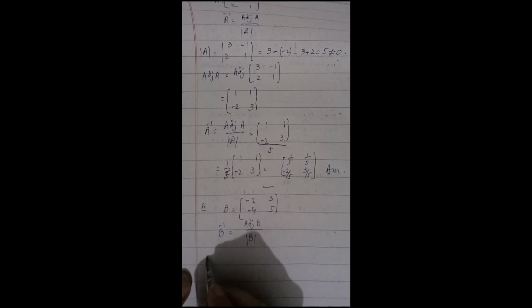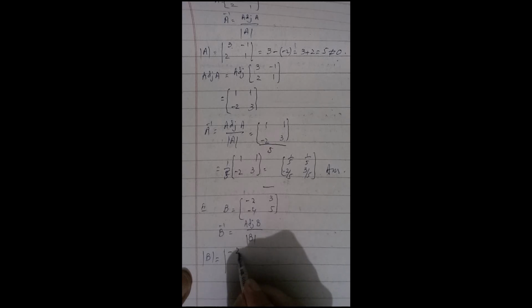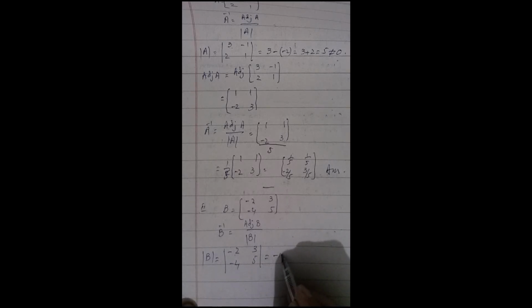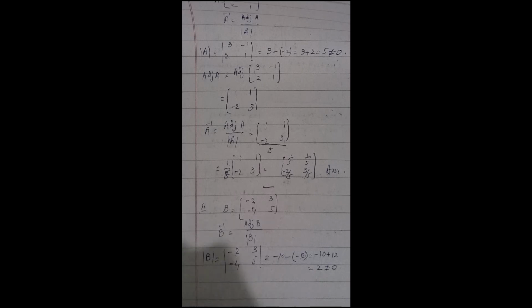First we find the determinant of B. Multiply minus 2 with 5 is minus 10, minus 4 multiplied by 3 is minus 12. Minus 10 plus 12 is equal to 2, which is not equal to 0. Now we can find its inverse.